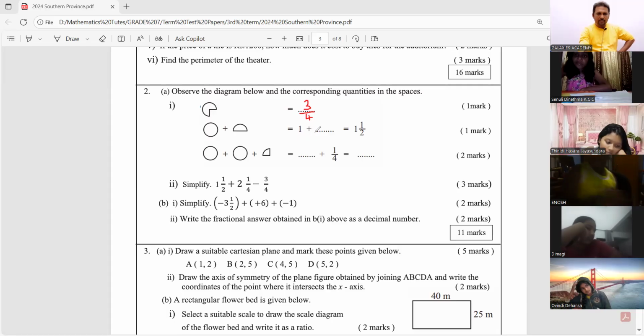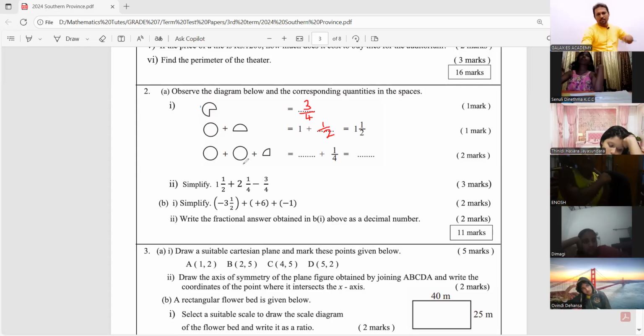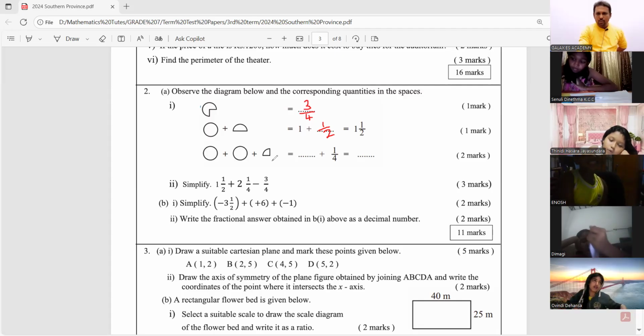So you can fill this blank. 1 plus half, I mean this full circle plus half, is equal to 1.5. Right? This one is a quarter, no? Then what is the value you have to put here? How many circles? 2 circles. So this blank should be 2.